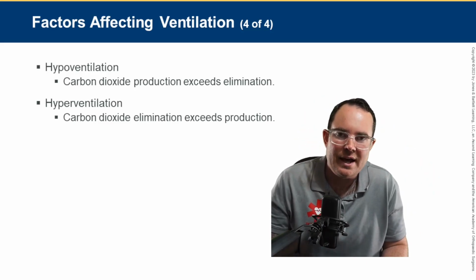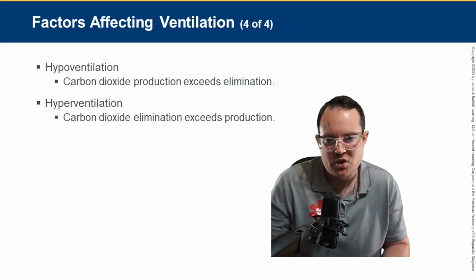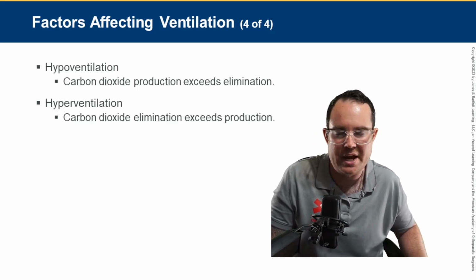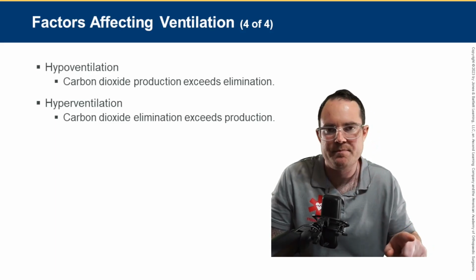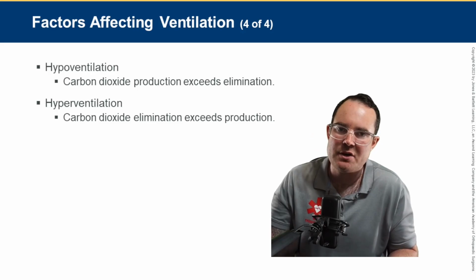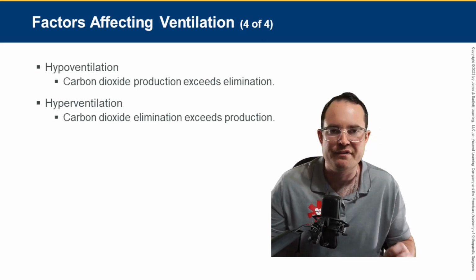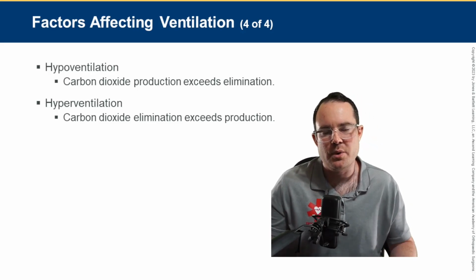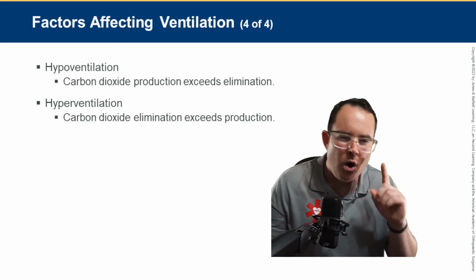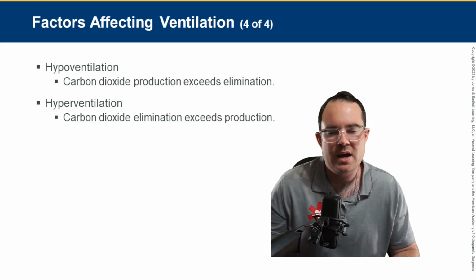This is known as hypoventilation. Carbon dioxide production exceeds its elimination. I should be eliminating it. For those of you taking notes, remember a normal end-tidal capnography is 35 to 45. So anything that is greater than 45, we're always suspecting hypoventilation.